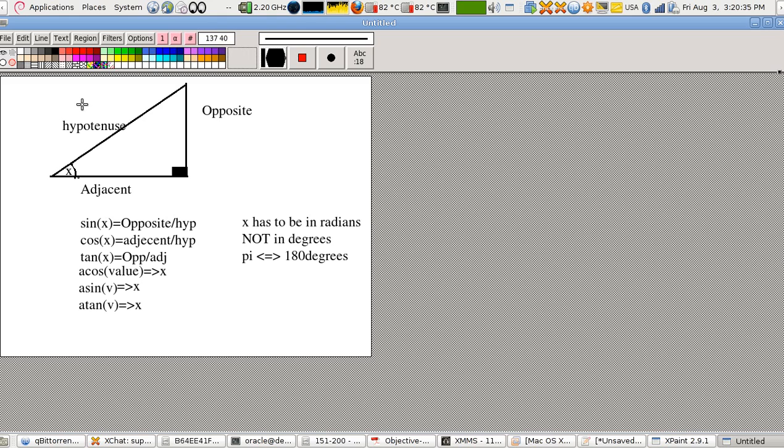However the opposite increases and the hypotenuse increases in length, so the sine will be all the time the same. So the sine is the opposite over the hypotenuse, okay, and the hypotenuse is this line facing the right angle, which is the 90 degrees here in the triangle.